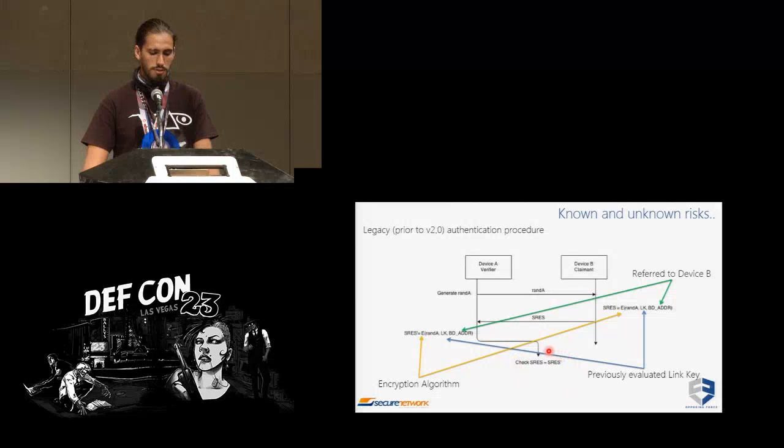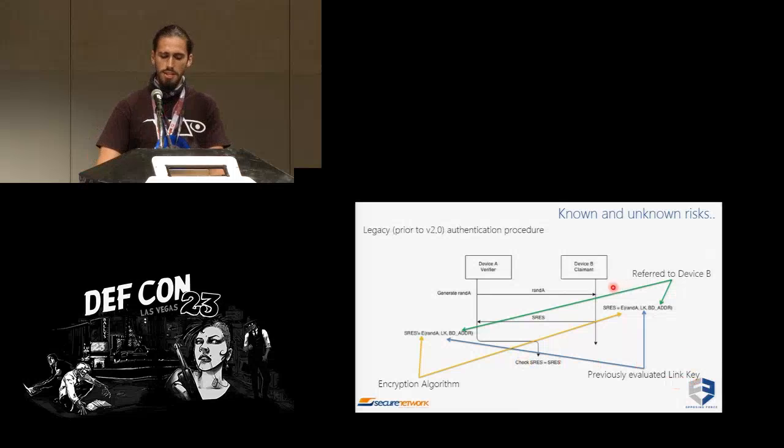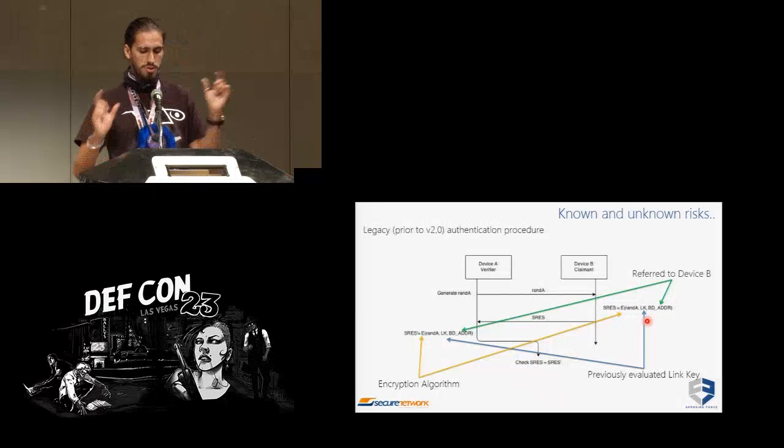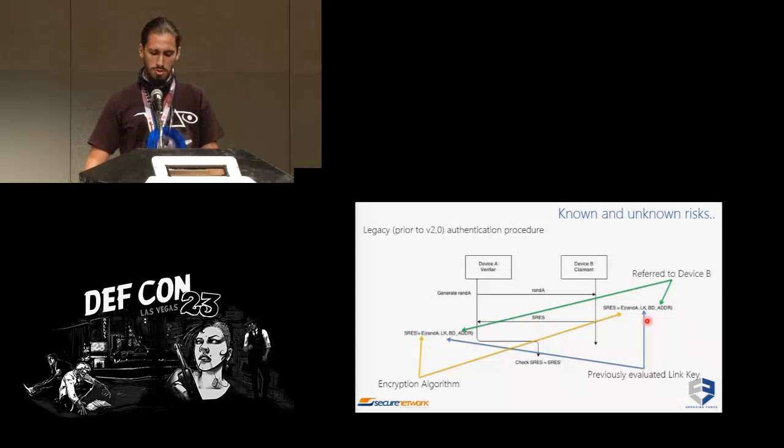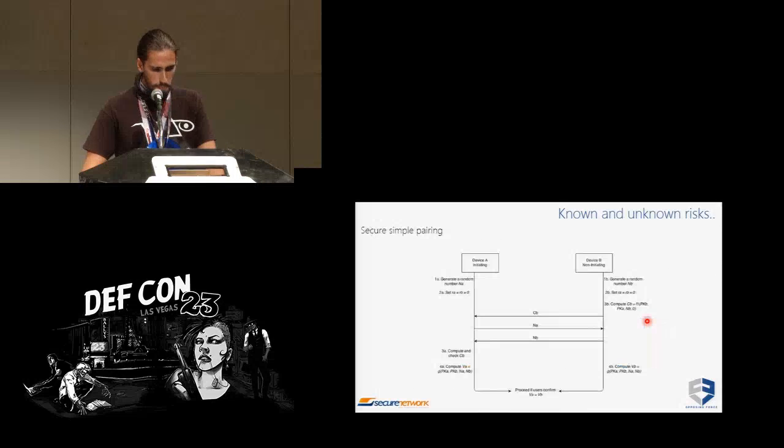This time, if they are equal, the authentication happens. But this link key is the link key previously generated, so there was no check at the time if it was the same. So here there are a lot of exploits, but we are not speaking about them now.